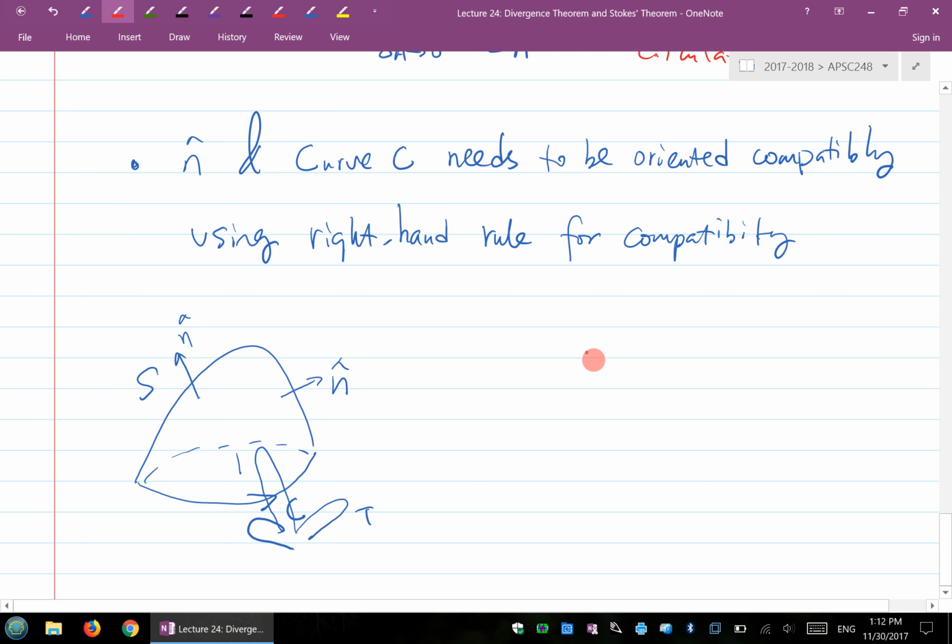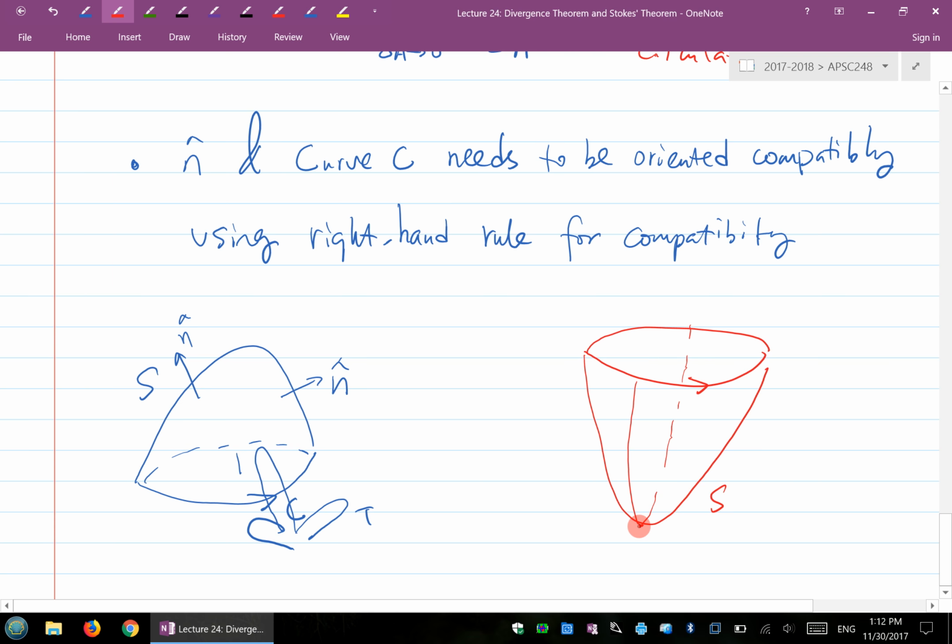Let's see, if I give you another curve C and S, say here, and this time the surface S is going down. Can you use the right hand rule that we just learned to find the n hat direction for the surface S?